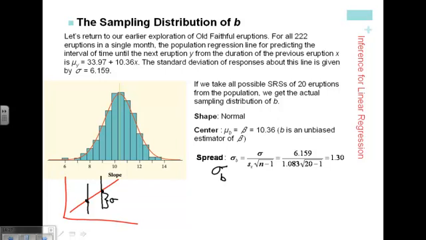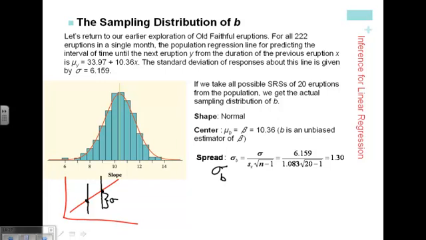Now, back to reality. We don't ever know what sigma of b is. We'd only know that if we had population level data, and we hardly ever know what's going on at the population level. So we got a problem. Our problem is not a problem that we've not seen before, though.